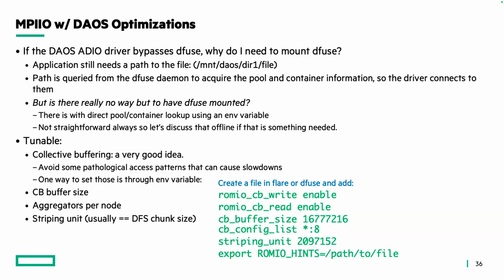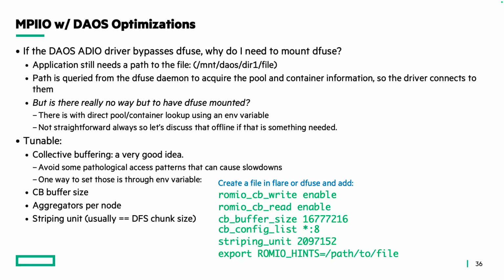The ROMIO driver will query dfuse for the pool and container information that it connects to, so it can access the container directly through the DFS API. But you're going to ask, is there really no way to run without dfuse mounted? Yes, there is some.